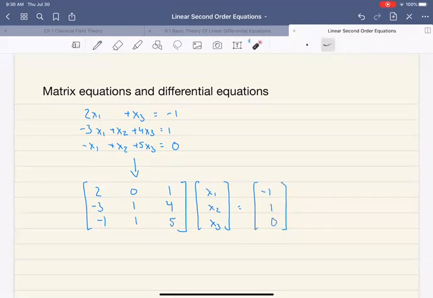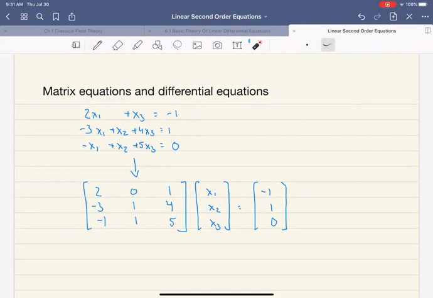So 2 times x1, 0 times x2, plus x3 gives me that -1. -3x1 plus 1x2 plus 4x3 equals 1. -1x1 plus 1x2 plus 5x3 equals 0.